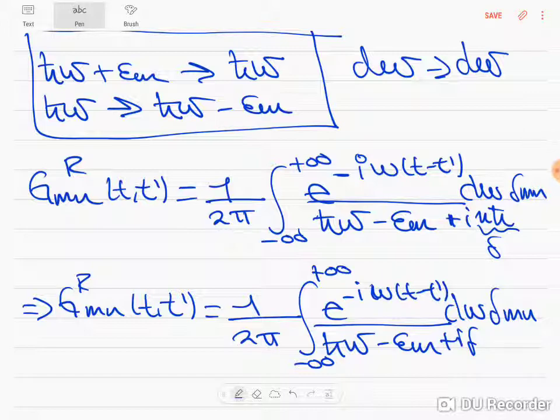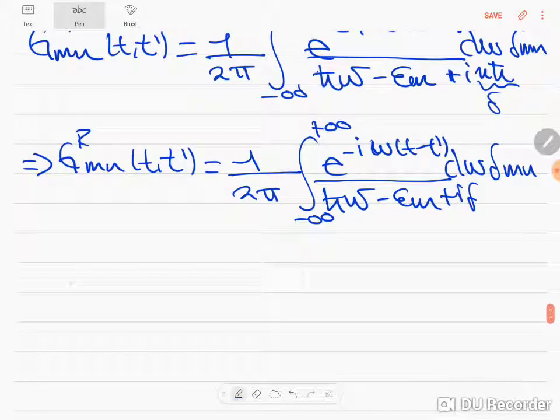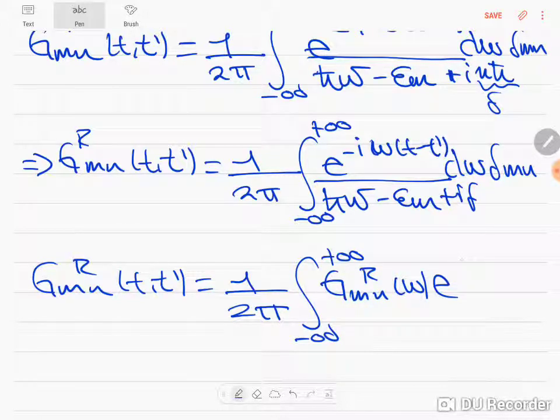So then whatever this is the Fourier transform of is the spectral representation of the retarded Green's function, because G_mn retarded of t, t prime will be nothing but 1 over 2 pi integral from minus infinity to plus infinity G_mn retarded of omega e to the minus i omega (t minus t prime) d omega.